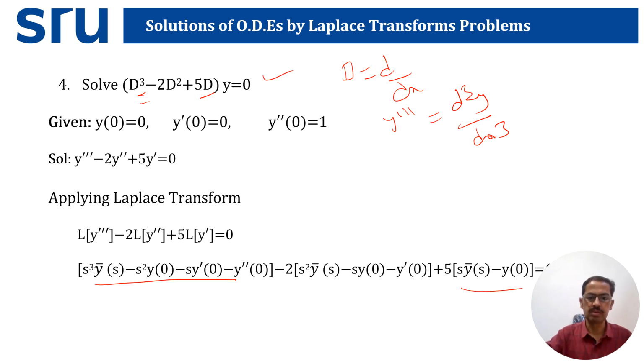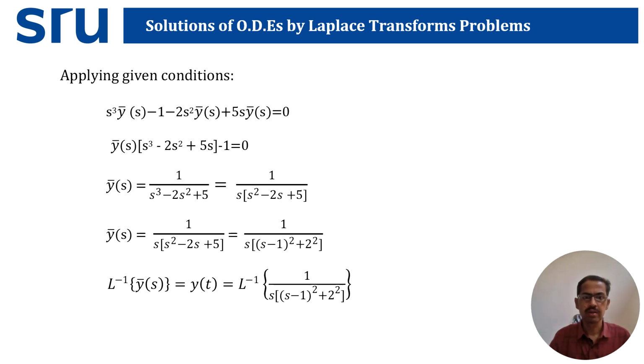Now simplify this using the initial conditions: y of 0, y dash of 0, y double dash of 0. Applying initial conditions, you would get this. Y bar of s take out, s cube minus 2s square plus 5s minus 1 equal to 0.